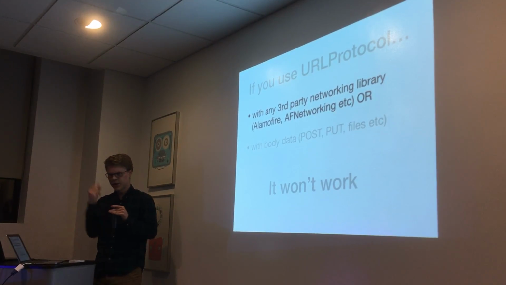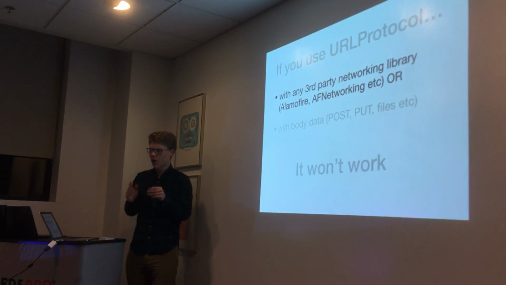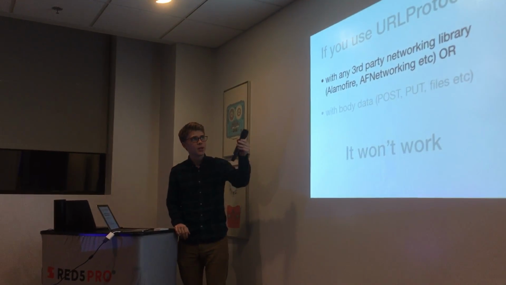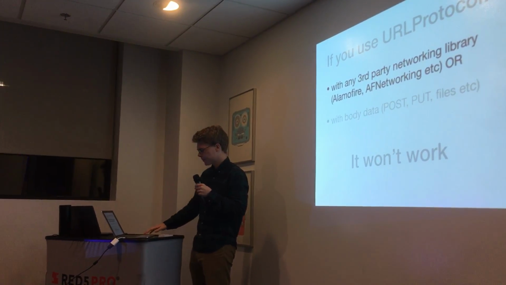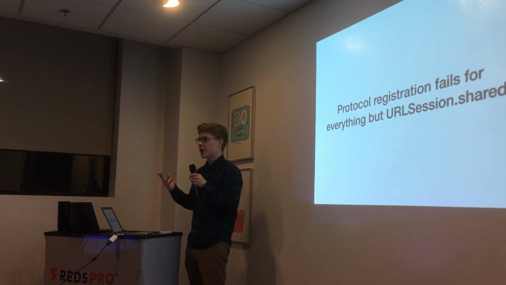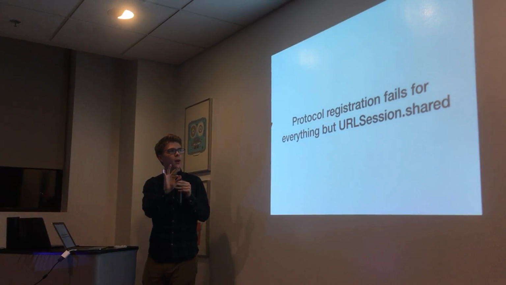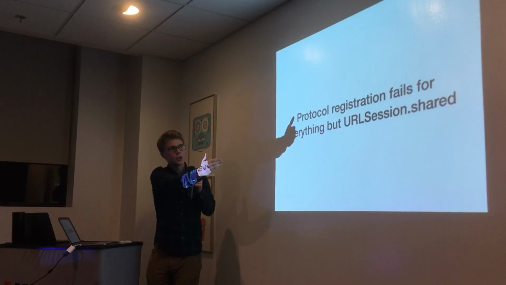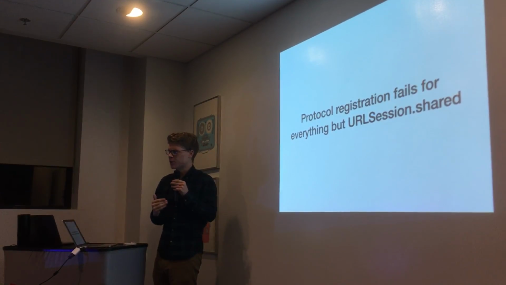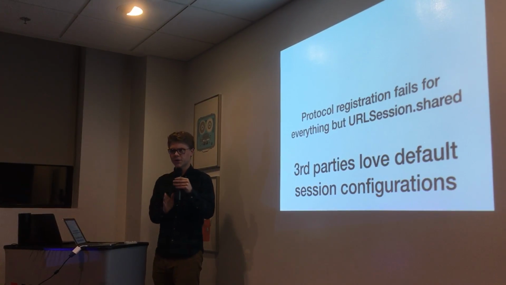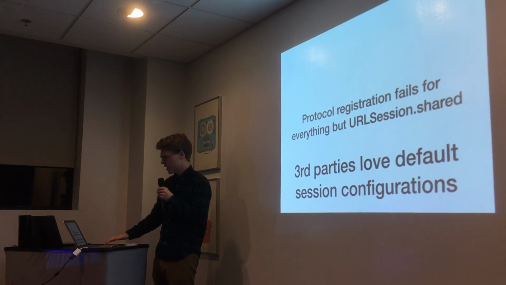And the second category of problems that we've experienced with using URL protocol at runtime are with these third-party networking libraries. It will be totally invisible for requests that are issued on non-shared URL sessions. I'll show you what that means, because third parties use their own custom session configurations.